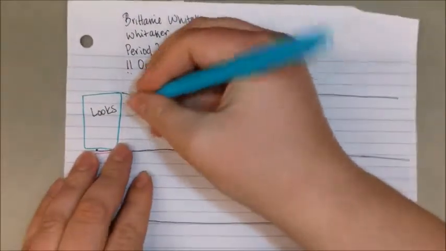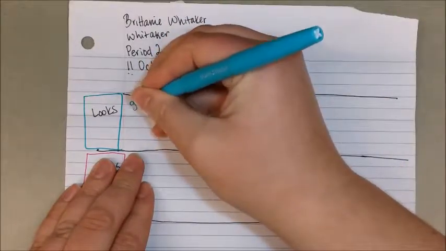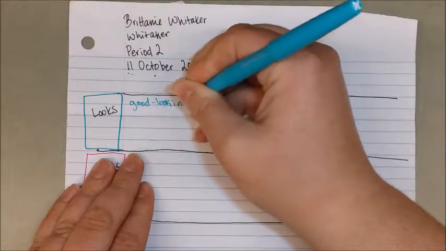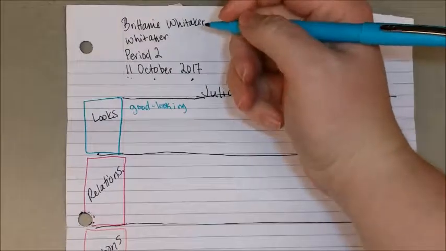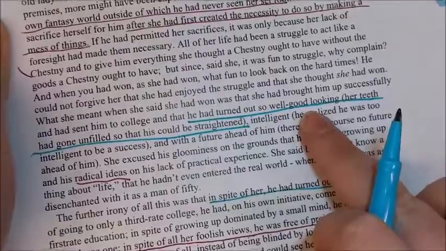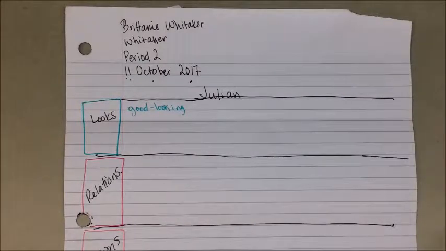Okay, so I know that he is good looking, and this is a direct characterization because it says exactly in the text he is good looking. If it were indirect, it would say something like he had a movie star profile and a chiseled jawline and brown wavy hair and dreamy blue eyes or something like that.